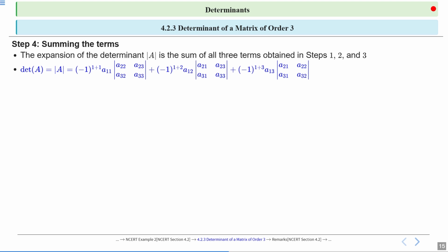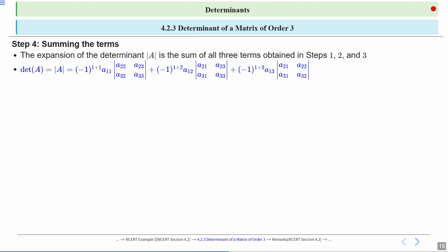Just imagine in the matrix A, when we delete the entire row and entire column, we get the matrix A21, A23, A31 and A33. And for the third element, we multiply with minus 1 the power 1 plus 3, A13, and then the matrix obtained by deleting the first row and third column. So we get A21, A22, A31 and A32.